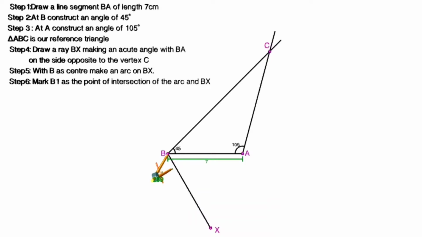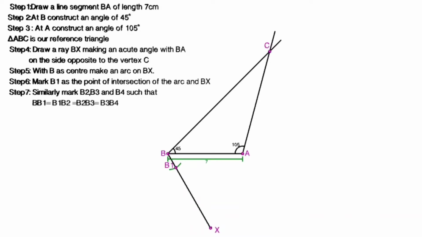Wherever the first arc intersects the ray BX, I mark that point as B1. This is the first arc made. Wherever this arc is intersecting, there I'll mark the point of intersection as B1. In exactly the same way, with B1 as center and the same radius, I'll make another arc, and wherever that arc intersects the ray BX, I'll mark that as B2.